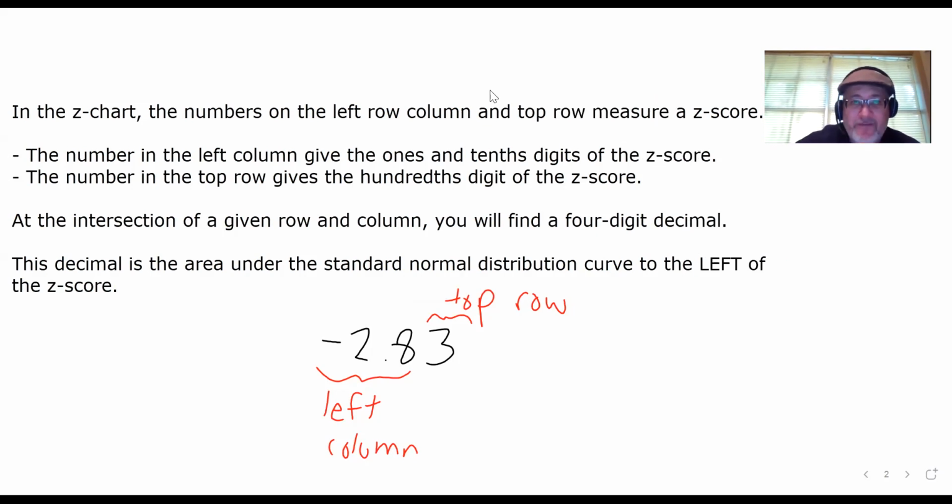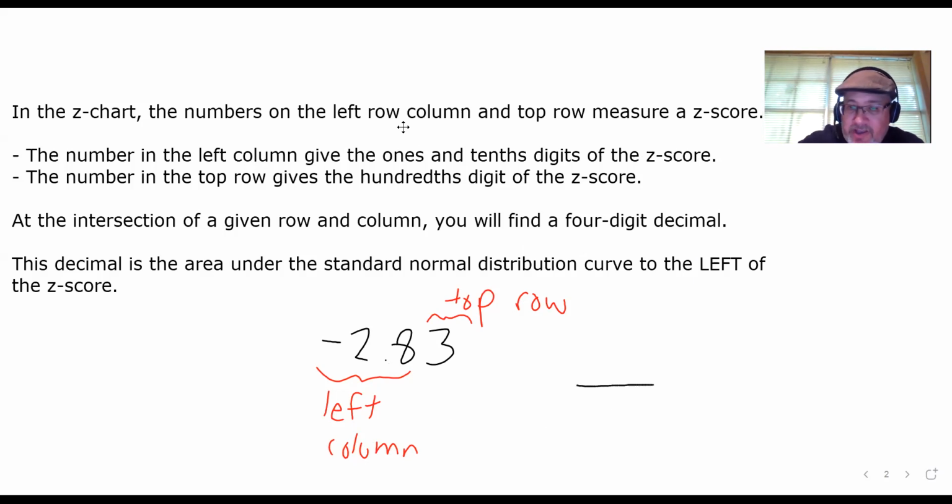Before we go back and look up that 4-digit decimal in the -2.8 row and the 3 column, I want to clarify that when I wrote left column here, what I'm saying is you look in the left column to determine the row. And when I wrote top row, I mean you look in the top row to determine the column. Regardless, the number that you look up in the middle represents the left area.